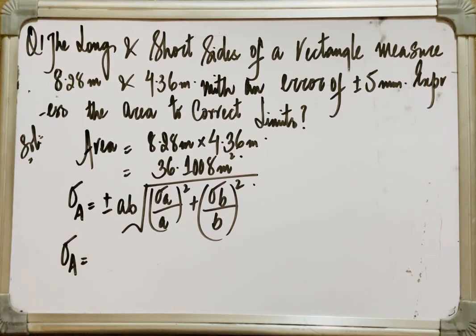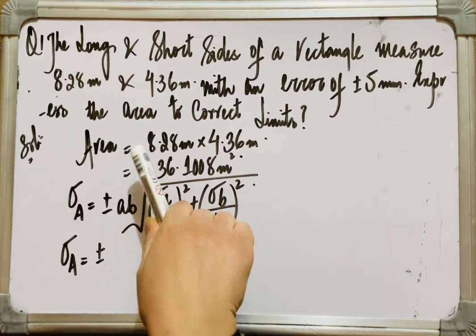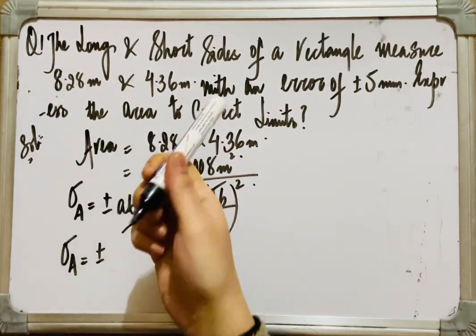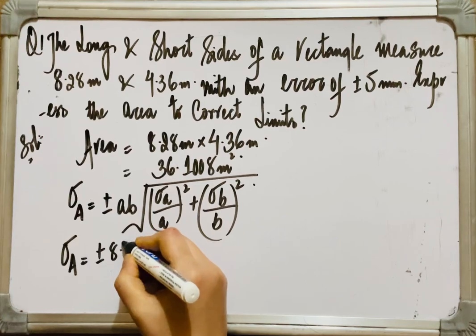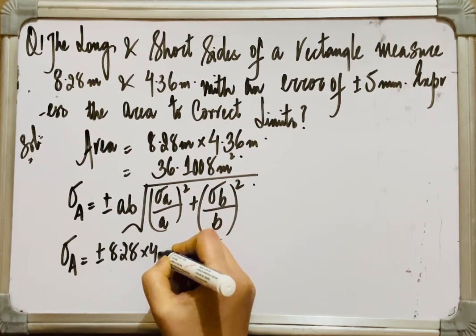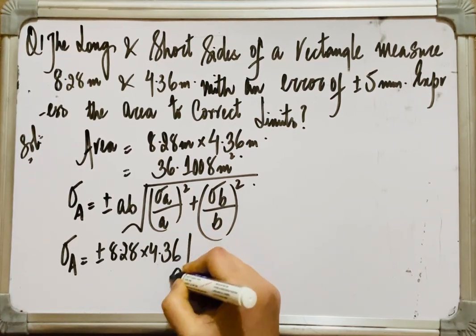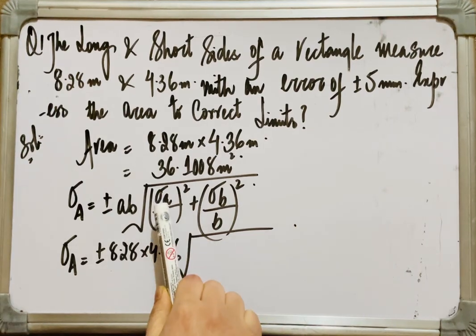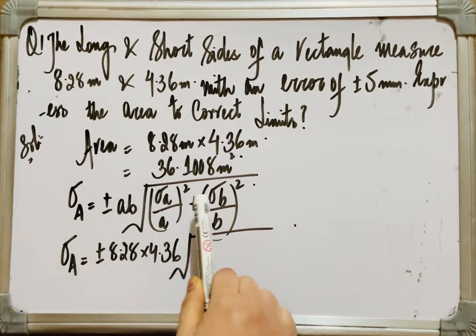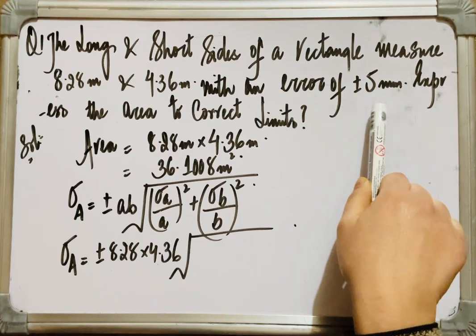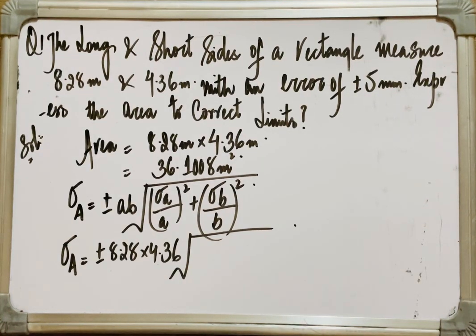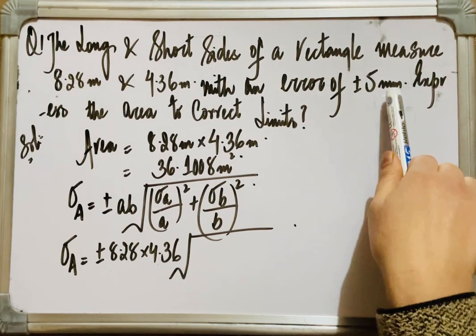So error in area is equal to plus minus A times B, A being one side and B being the second side: 8.28 meters multiplied by 4.36 meters. Sigma A, the error in one side, is also equal to the error in the other side, and each has an error of plus minus 5 mm. For dimensional homogeneity, I will convert it into meters.